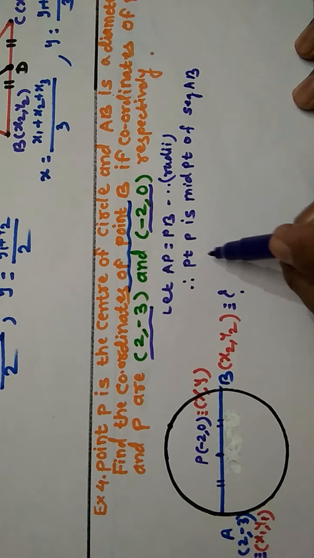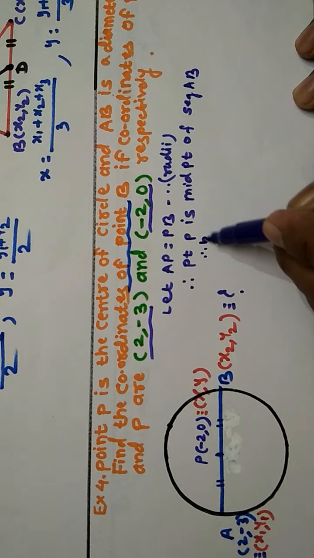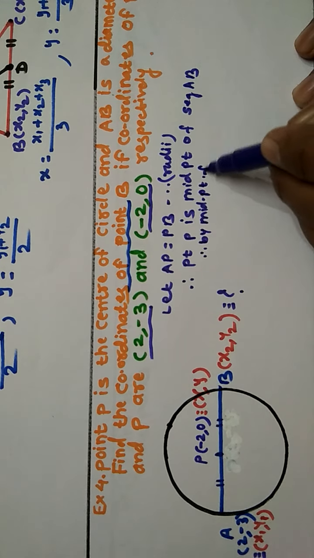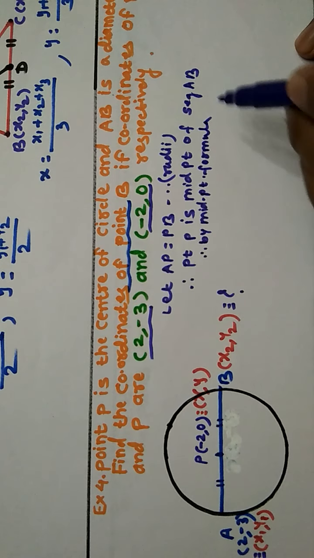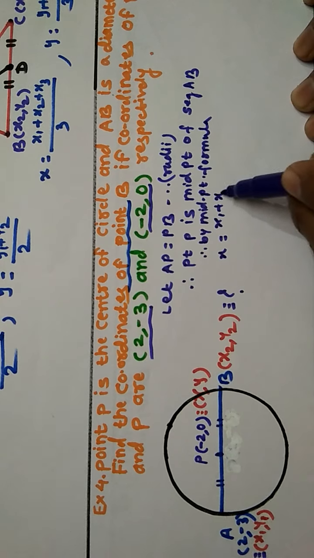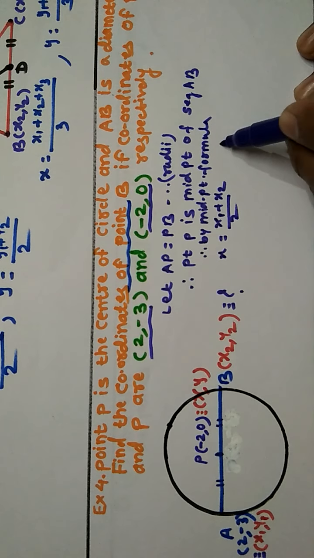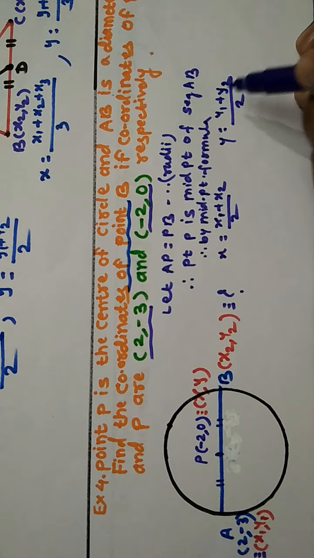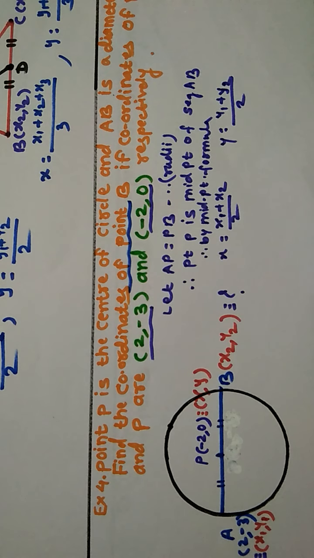So we use the midpoint formula. Therefore, by the midpoint formula, write down the formula: x is equal to x1 plus x2 divided by 2, y is equal to y1 plus y2 divided by 2. Now we solve this example.